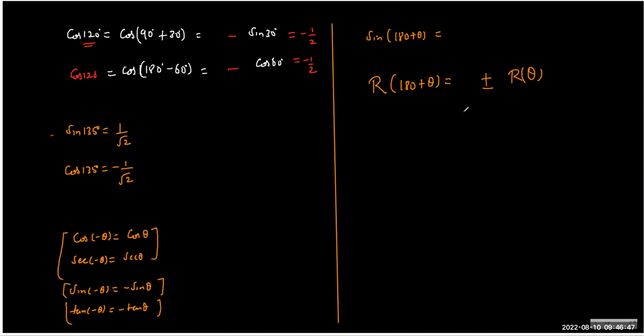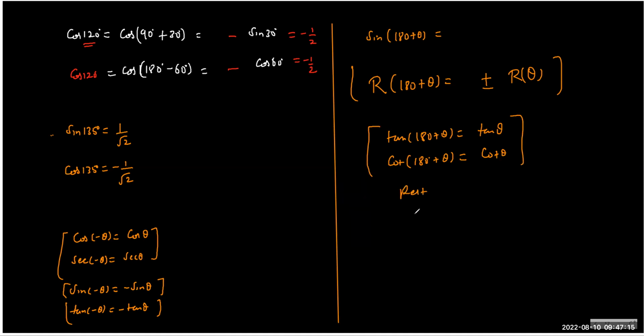So 180 plus theta, which quadrant, guys? Third. And in the third, what is positive? Tan is positive. So I can say tan of 180 plus theta is tan theta. And so cot, which is its inverse, and luckily complementary also, is the same as cot theta.